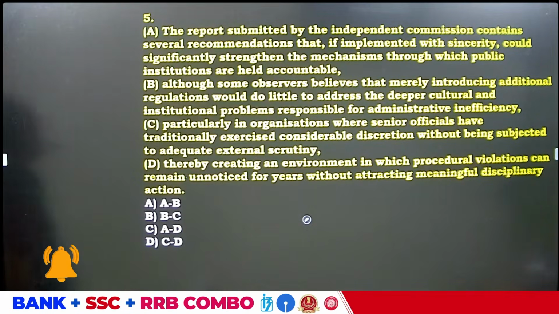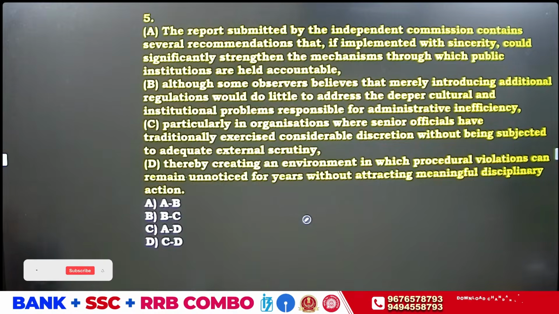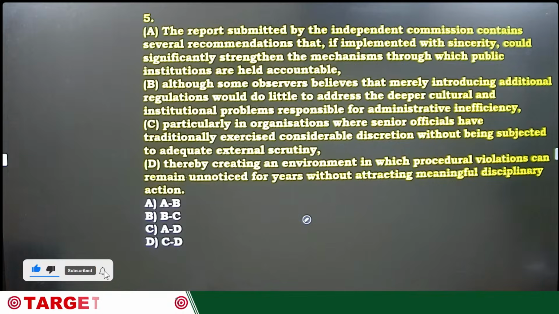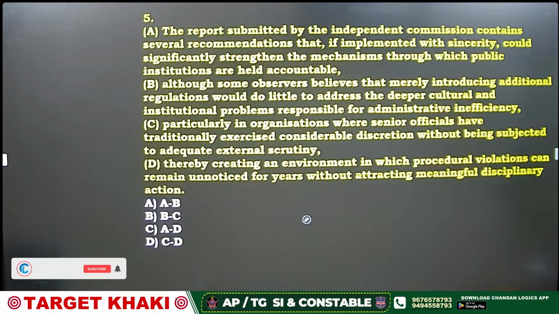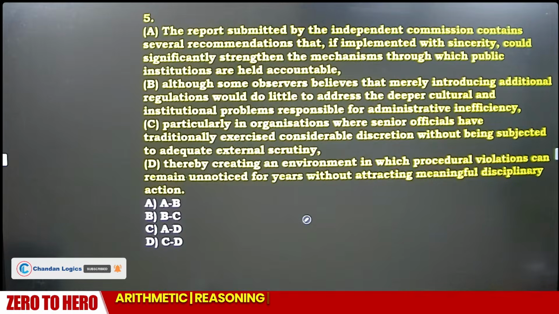Yes, guys. The report submitted by the independent commission contains several recommendations that, if implemented with sincerity, could significantly strengthen the mechanisms through which public institutions are held accountable.